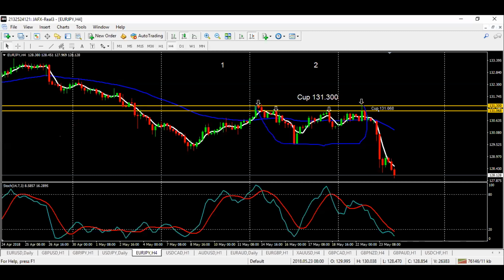Like that, EJ today, if both of your teacups would have activated, your second one in the zone right here from 131.068, which it did, and then the first one that we've been waiting on since last Tuesday, which is 131.300, activated today, you would have caught 600 pips today if you would have held it. That's a lot of pips in one day.